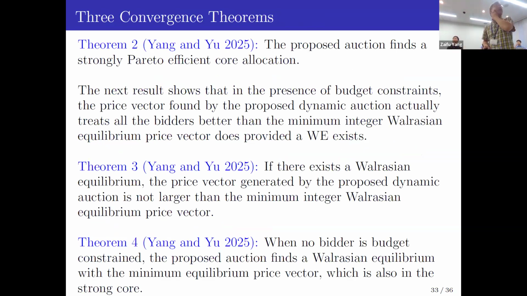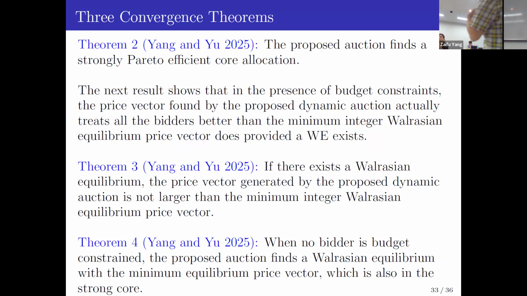Then we have another theorem. The proposed auction finds a strongly Pareto efficient core allocation, and this is the third one. Very interesting: if there exists a valuation equilibrium, the price vector found by the proposed auction is not larger than the minimum integer valuation equilibrium price vectors.